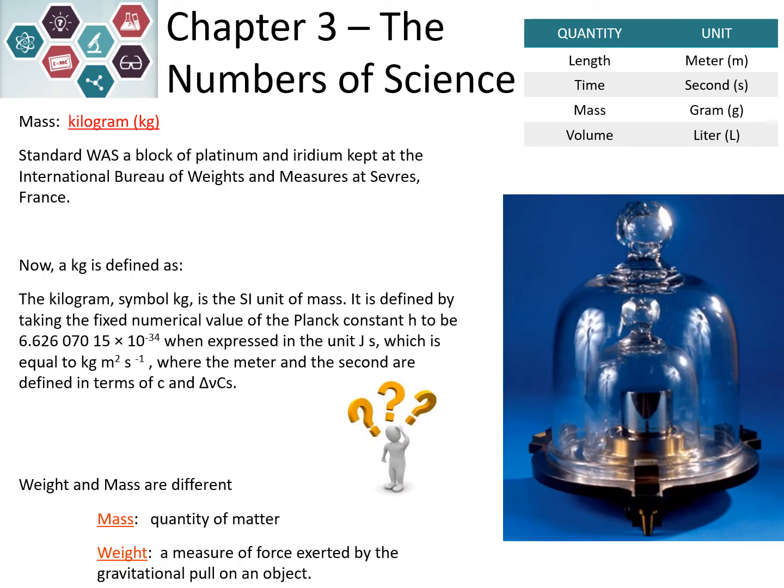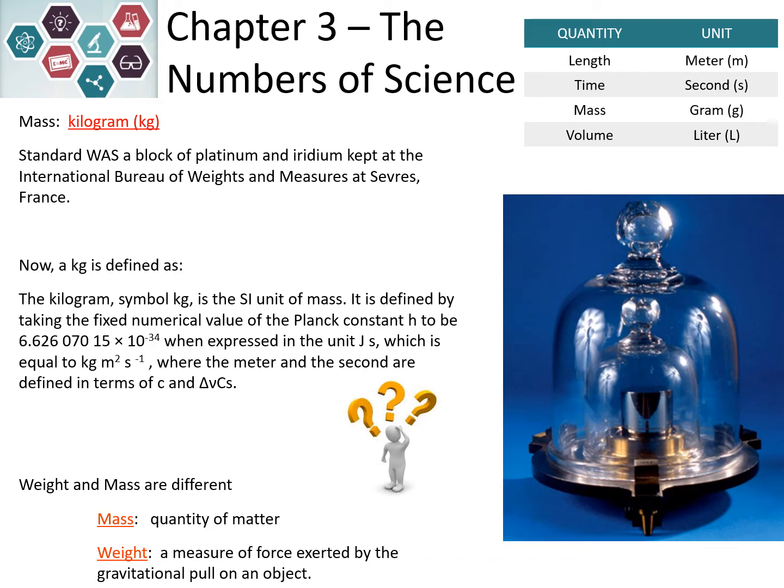So in the past, the kilogram was based on a solid cylinder made out of platinum and iridium, and it was kept in a vault in France, and it was called the kilogram because all other mass was based off of it. Well, there was a problem with this, and just a few years ago they changed the way they define it because that platinum cylinder compared to other ones that were supposed to be identical to it started changing in mass.